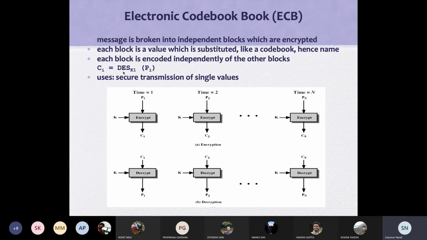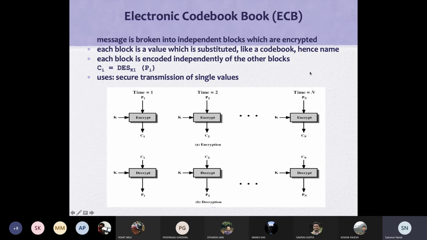RC4 can be something like this. There are several other block cipher algorithms available. All can be utilized. The formula is take a plaintext block, encrypt with key, and get a ciphertext block. What we discussed till now for AES and DES. And on the other side, the reverse operations.